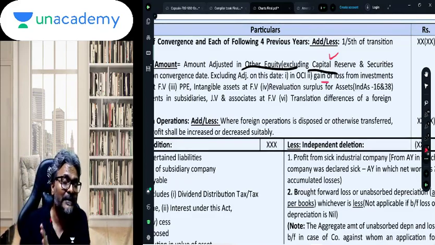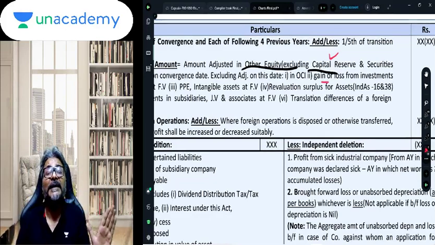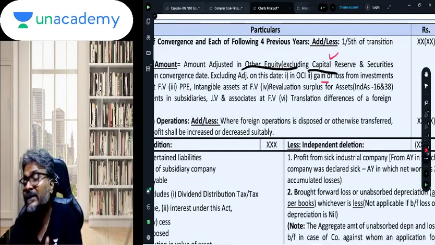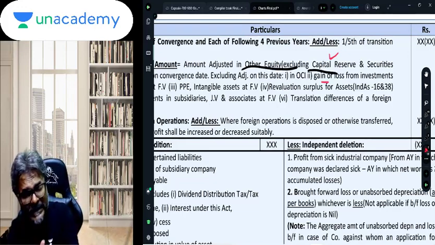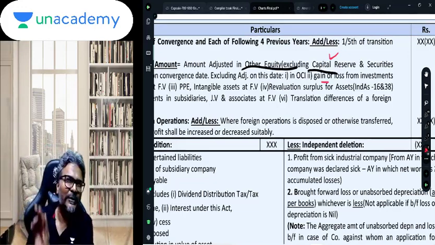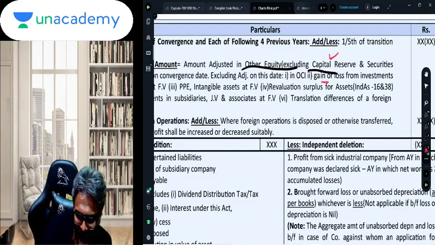That is the reason why you will never recognize the notional gain or notional loss, either at the time of convergence or at any point of time thereafter.